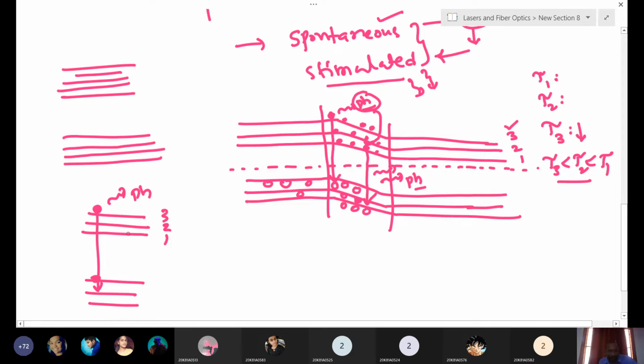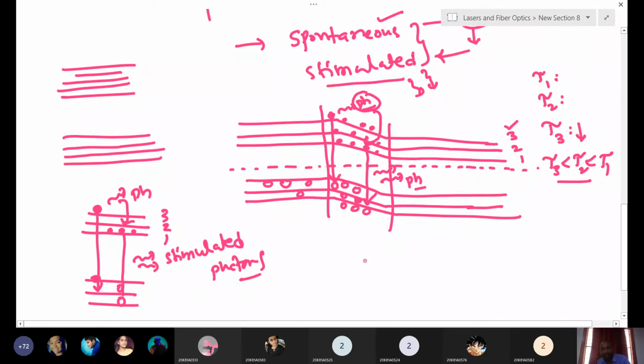These photons trigger the remaining electrons in the lower energy states, and these electrons jump into the valence band and recombine with holes. Here stimulated photons are emitted. This is the spontaneous emission process and the stimulated emission process.